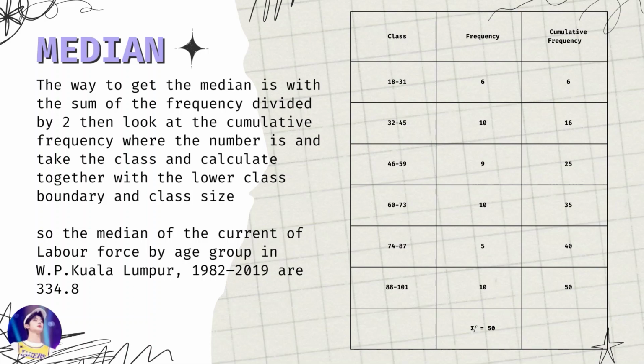So the median of the labor force by each group in Wilayah Persekutuan Kuala Lumpur from 1982 until 2019 is 334.8.